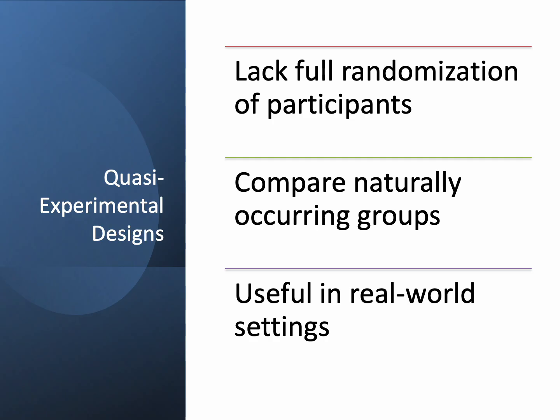These designs are practical in real-world settings, offering insights into causal relationships despite less control over confounding variables, like patient demographics or socioeconomic status. Ethical practices, such as ensuring participant consent and transparent reporting of group selection, maintain study integrity.